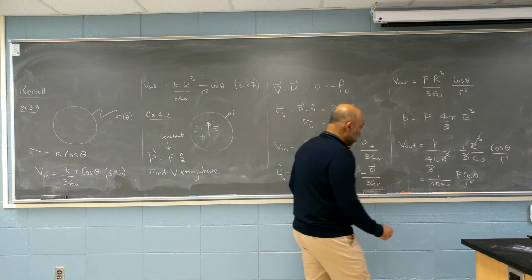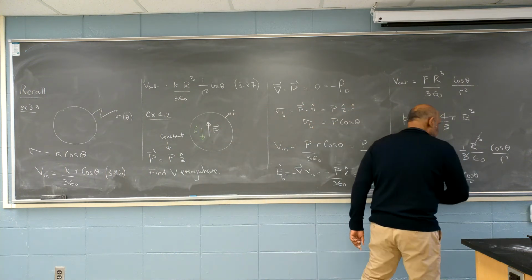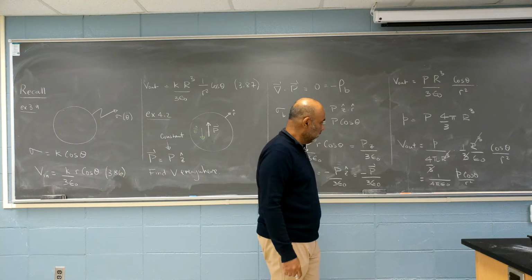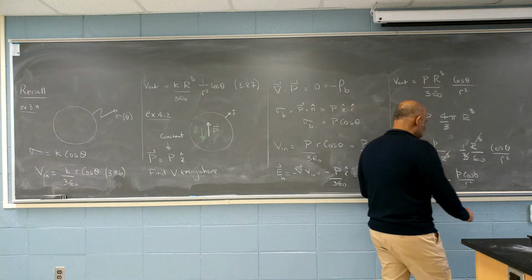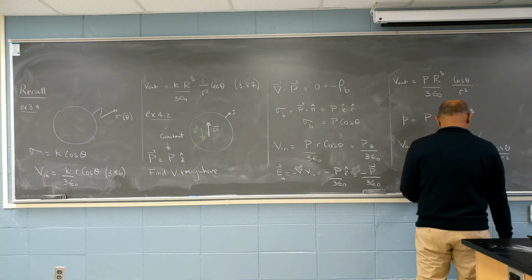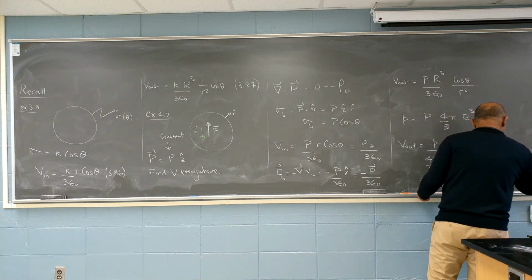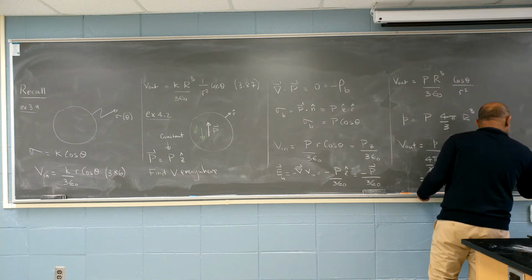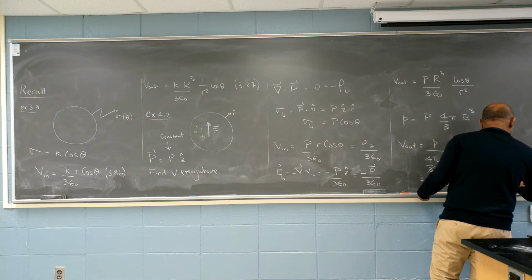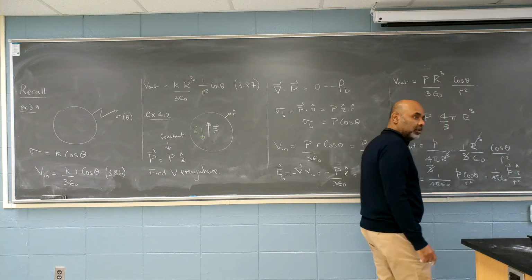And, oh, not big P, but little p. Which I can now write as 1/4 pi epsilon naught p dot r hat over r squared.